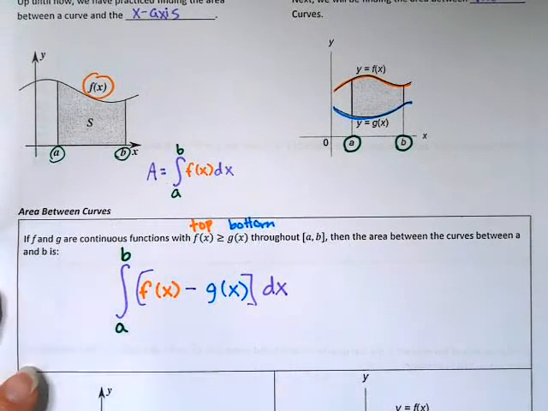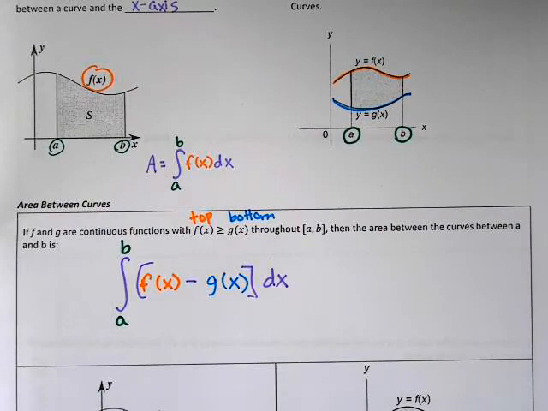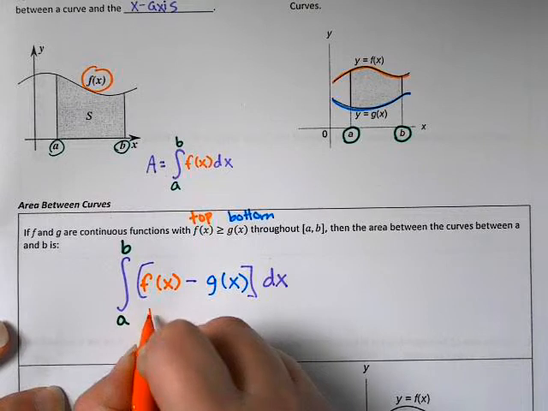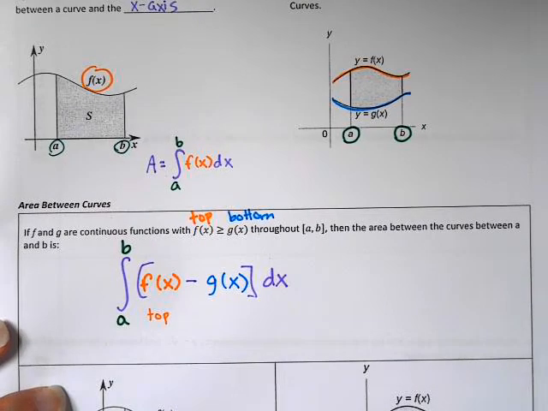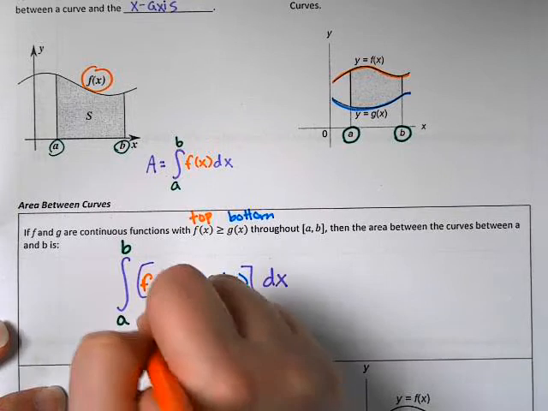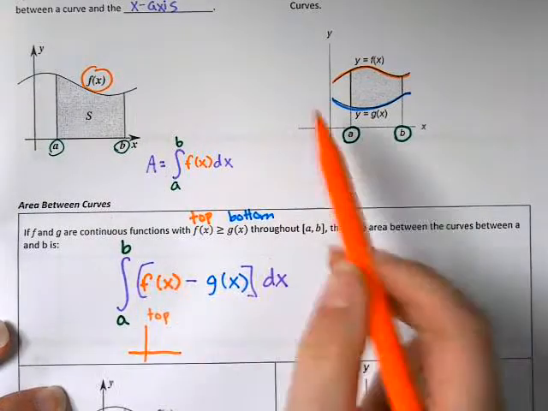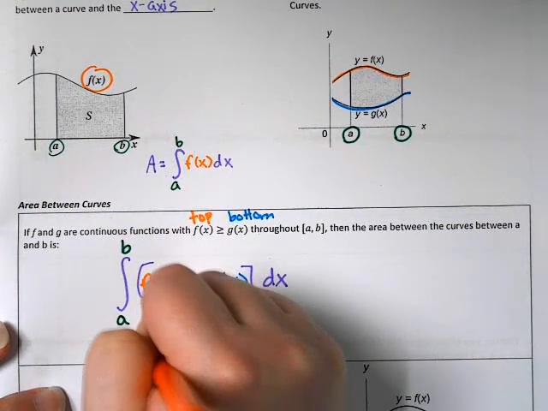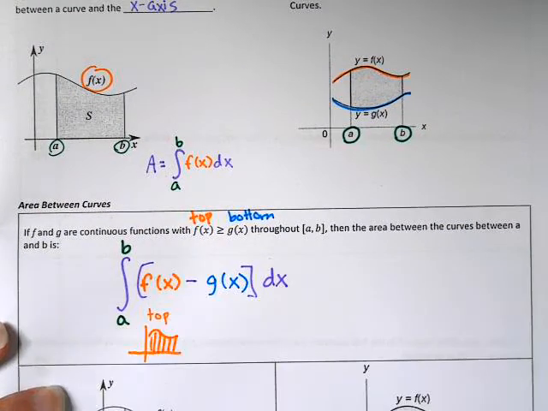So let's talk about why this would actually make sense. So we said that f of x is the top function. So really what we're doing is top minus bottom. But if we think of what the integral from a to b of f of x looks like, I'm going to just do a quick sketch here. We know that that's this function here, and it's this whole area between the function and the x-axis.